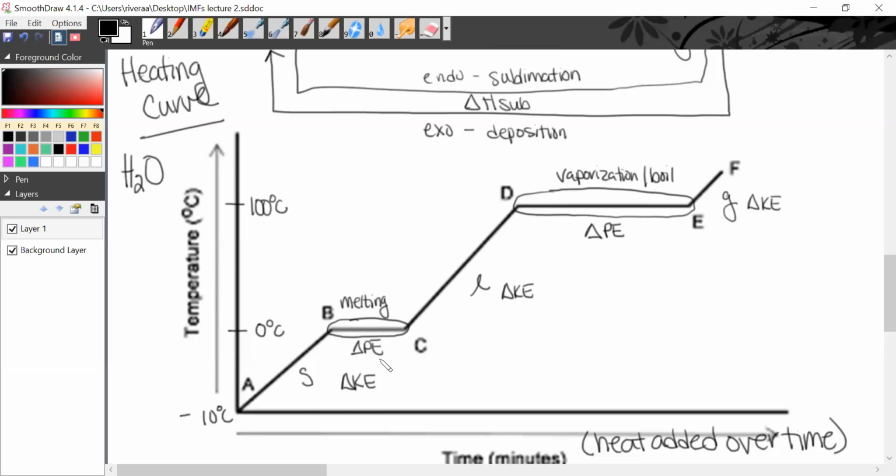Okay, so these flat portions, you guys, this is where phase change happens. This is where you have changes in potential energy. Where the curve rises, where you have a slope, you've got changes in kinetic energy.